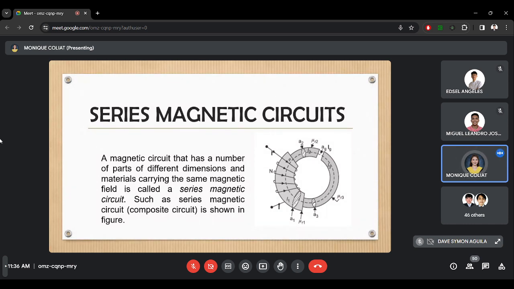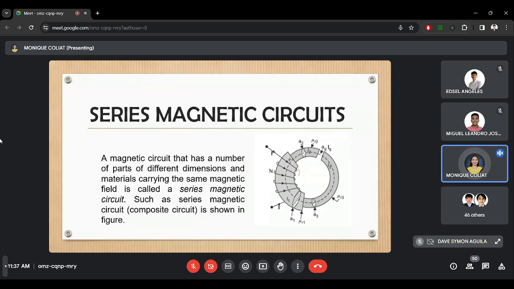They are all on one coil, on one wire, which is wound around them. As you can see, we have only one current flowing there.